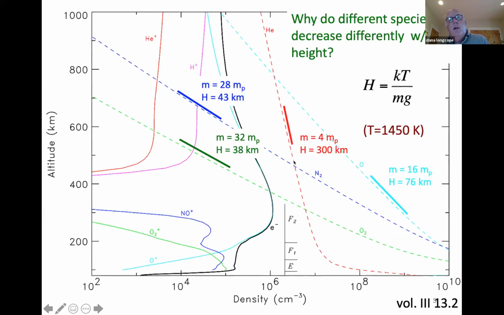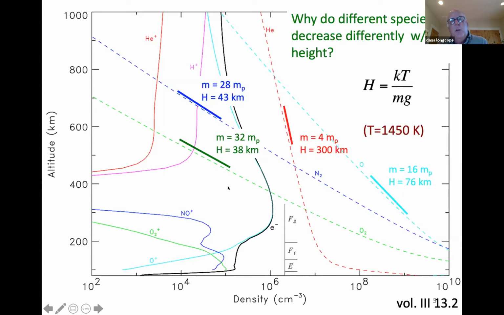Helium by itself is falling off much more slowly, so helium is starting to take over. Atomic oxygen is falling off with a scale height of only 76 kilometers, because its atomic mass is so much lower than some of these others.